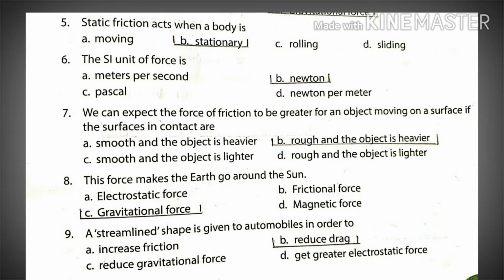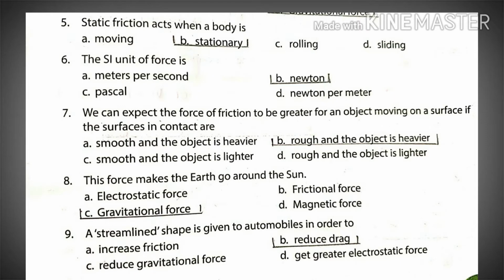Seventh, we can expect the force of friction to be greater for an object moving on a surface if the surfaces in contact are rough and the object is heavier. Eighth one, this force makes the earth go around the sun.